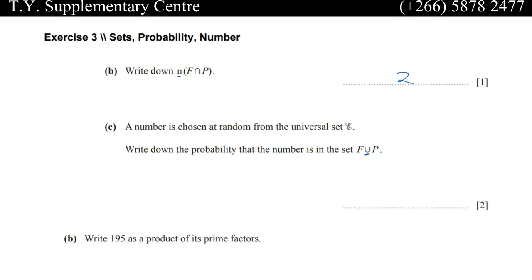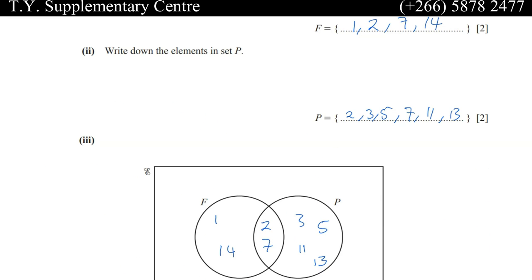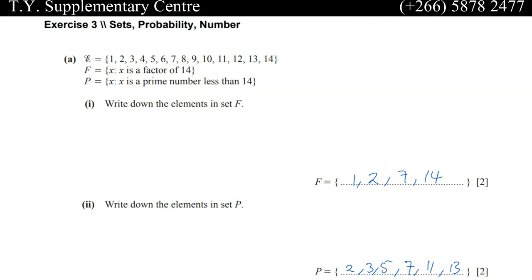So let's go back to the Venn diagram, or the question where it starts. So you can see that the universal set is numbers 1 to 14, which is actually a total of 14 numbers.